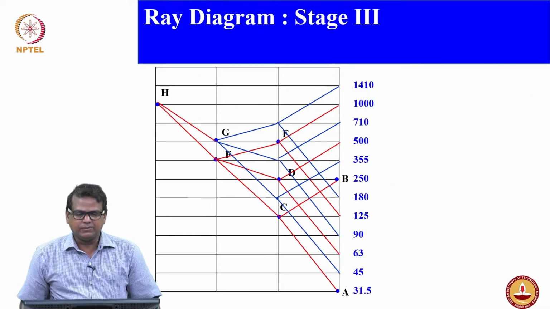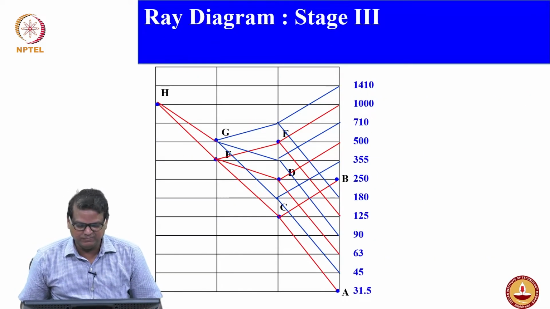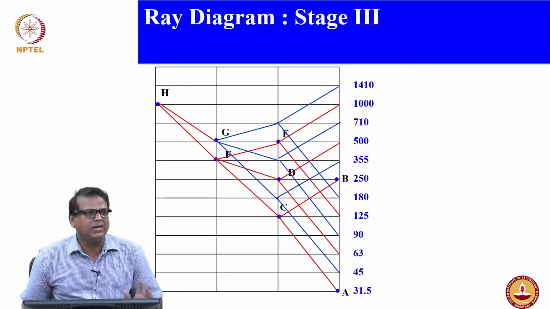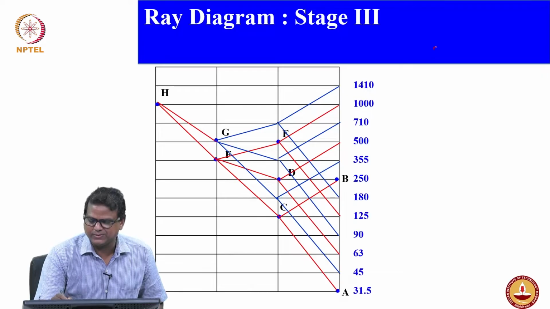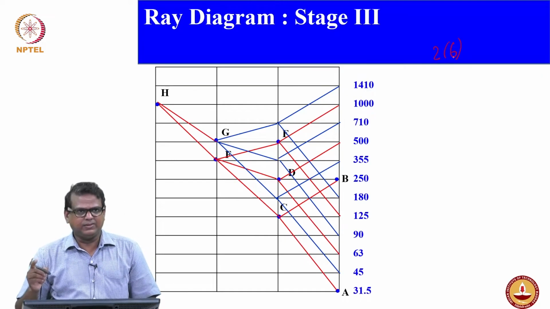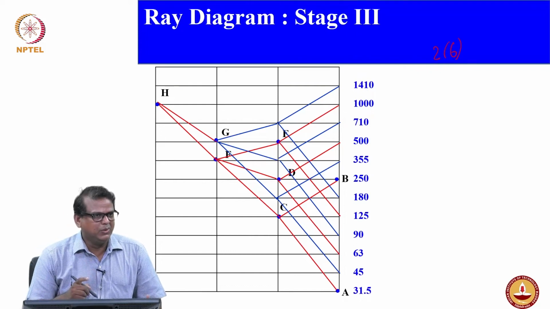Right. So now go for stage 3. We discussed stage 1 and stage 2. What is the formula for stage 3? 2 of 6. That is, for one input speed, you would expect 2 output speeds, okay. So how many inputs do we have?